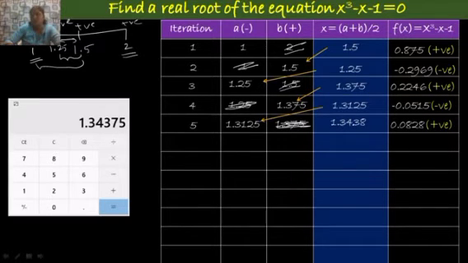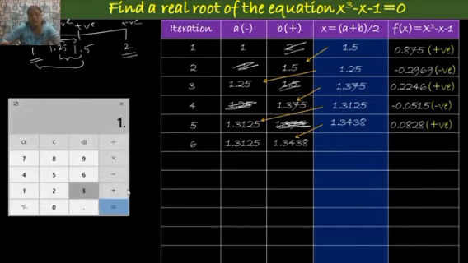If it is positive, you have to replace the value of B by 1.3438. So in the sixth iteration, the value of A stays as it is, and you replace only the value of B by 1.3438. Adding these two values, 1.3125 plus 1.3438, and dividing by 2, you get 1.3282.